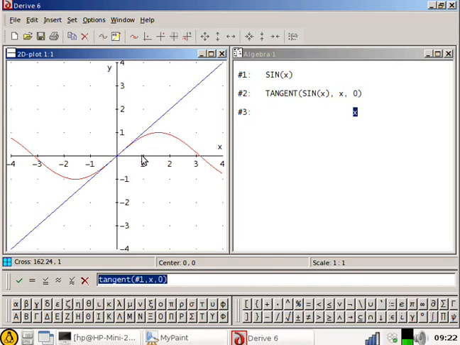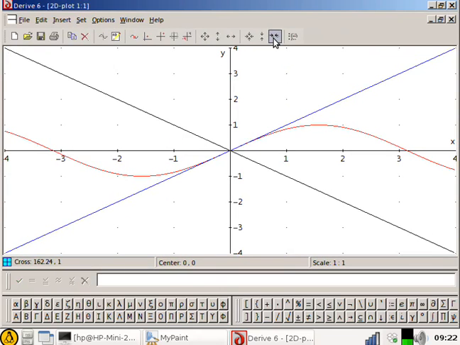There it is there, the tangent line. The normal line is the one perpendicular to the tangent. So I can see in this case, I don't need much to calculate it, I can see that the normal should be minus x, because that one will be perpendicular to x, and it also goes through 0, 0.